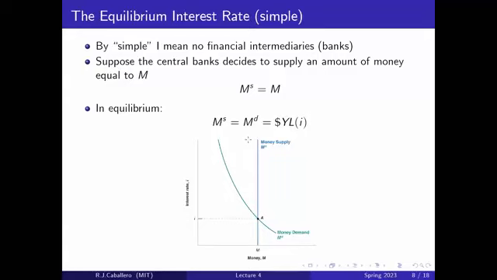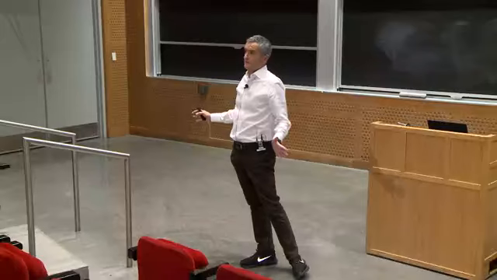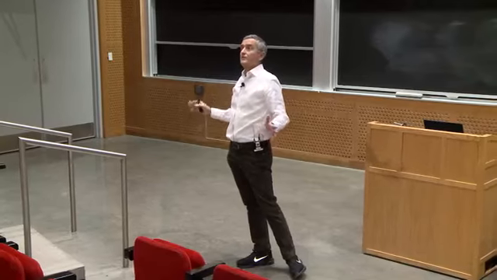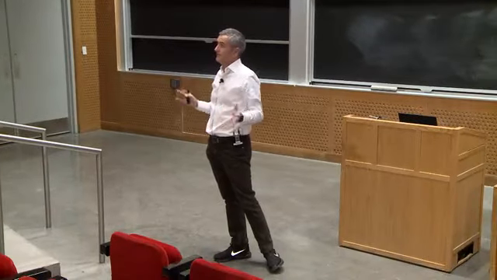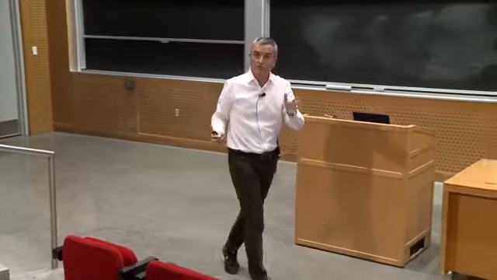The central bank is the one that produces the money. At this moment, in which I have no intermediaries, money is really currency. Forget Bitcoin, the only one that can produce currency is the central bank. I mean, dollars. No one else can produce dollars.